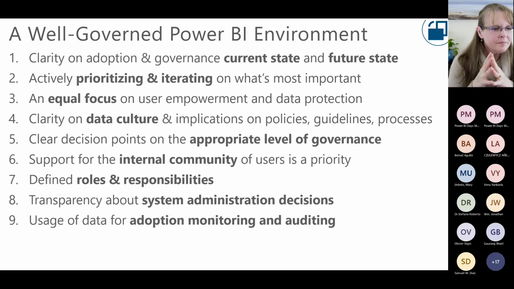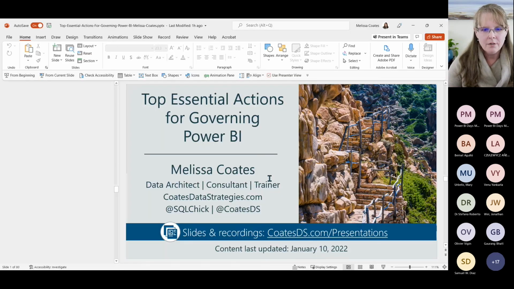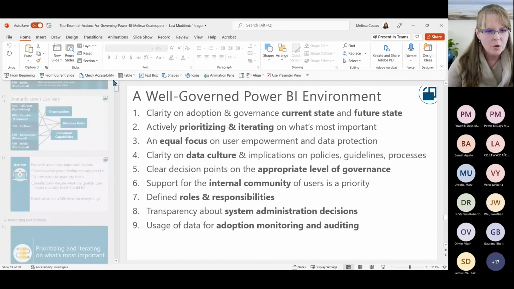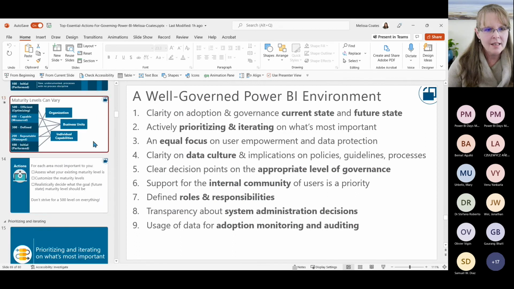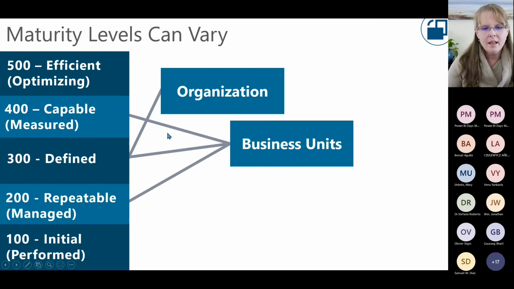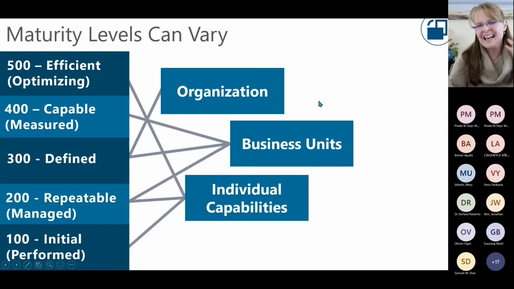Okay, and then Gina asked, could you actually approach developing a roadmap at a business unit level instead of enterprise if it's a really large organization? And I think you'd have to. So that kind of goes back to, if I hop out of here and find this thing right here, even if we assess it at the organization level, that doesn't take away the fact that, I'm going to pick on marketing, is probably not as advanced as accounting.